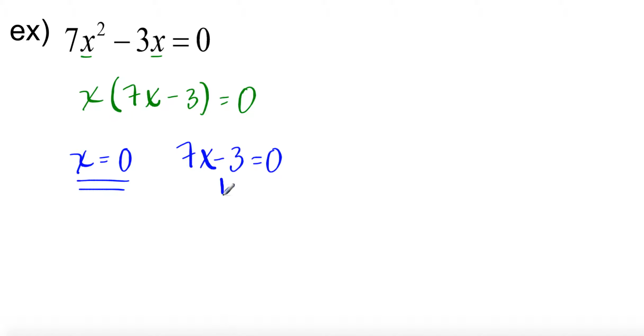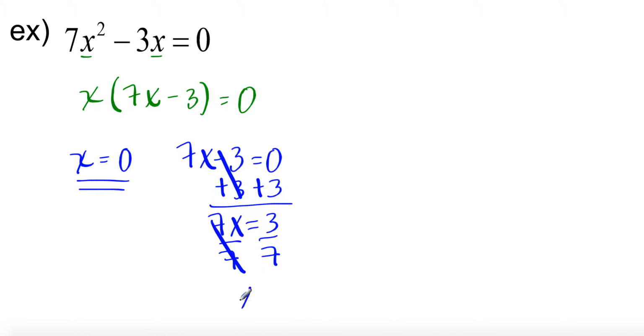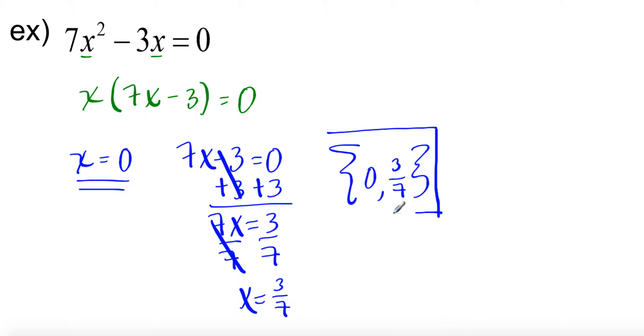For 7x minus 3, we add 3 to both sides, the 3's cancel, and 7x is equal to 3. Divide by 7 on both sides, and we get x is equal to 3/7. So here our solution set is 0, 3/7. And again, you don't have to write it in the curly brackets or braces. That is one way to write your solution set.